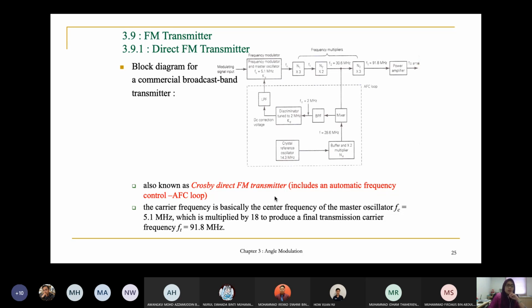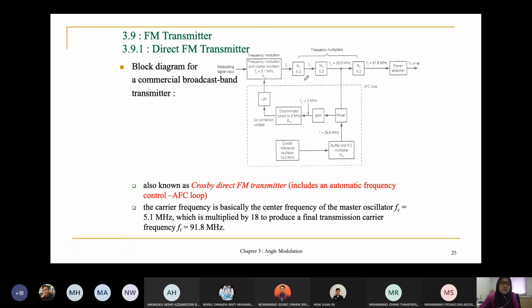Now let's look at subchapter 3.9, which is the FM transmitter. For the FM transmitter, we have the direct FM transmitter and also the indirect FM transmitter. This is an example of a commercial broadcast band direct FM transmitter.